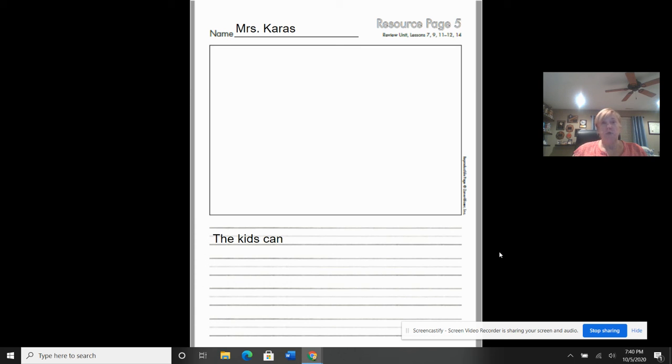Another idea could be the club can. Okay, because it's the Super Kids Club. So you have a choice of using either one of those sentence starters about what the super kids could do next. I like the one, the kids can. So I'm choosing to put that as the beginning of my sentence.